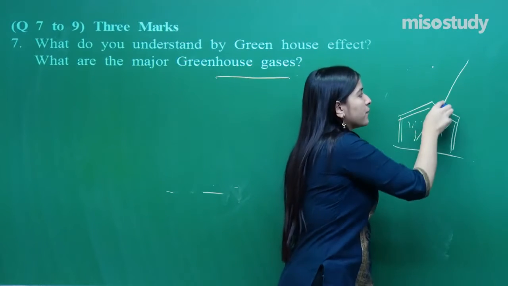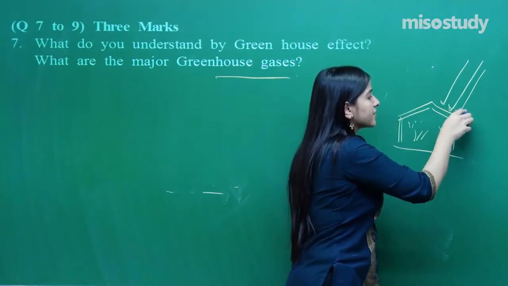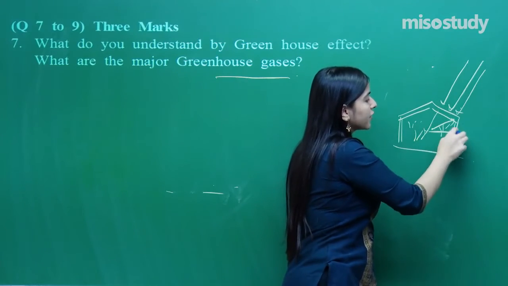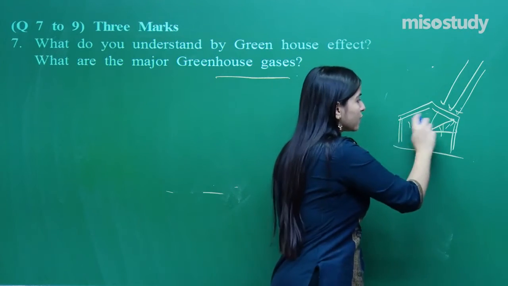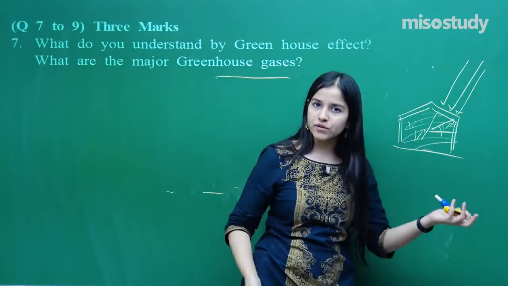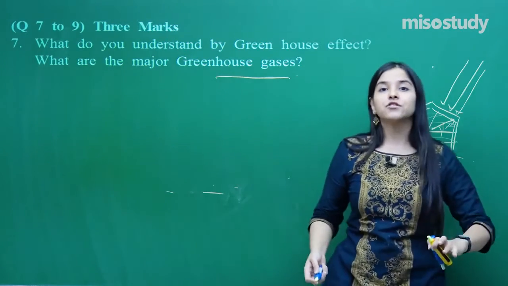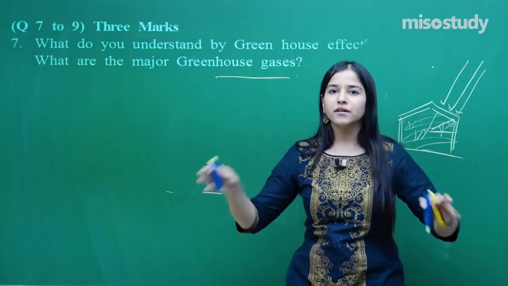right? And the greenhouse effect is basically the sun rays coming in being trapped, not allowed to go outside. So the heat is trapped, making the environment inside favorable for growth. And this greenhouse effect is happening on the earth itself.